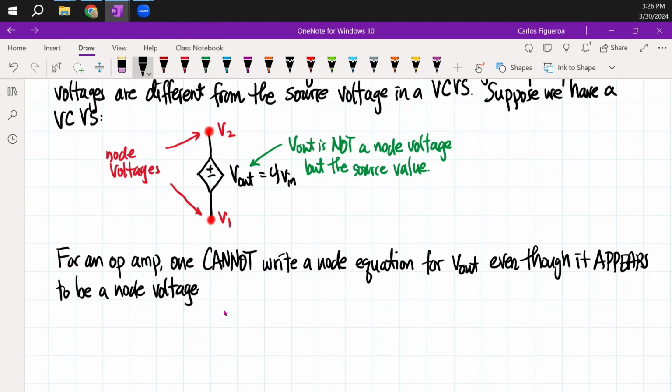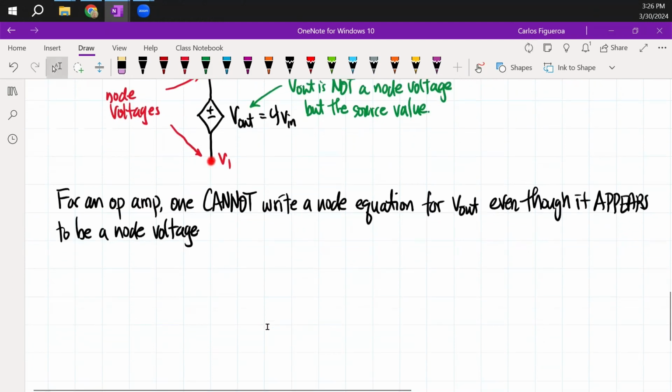What I mean by that is, if I translate into this language, now I have minus and plus.